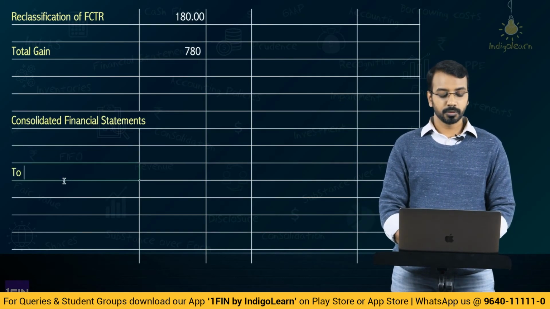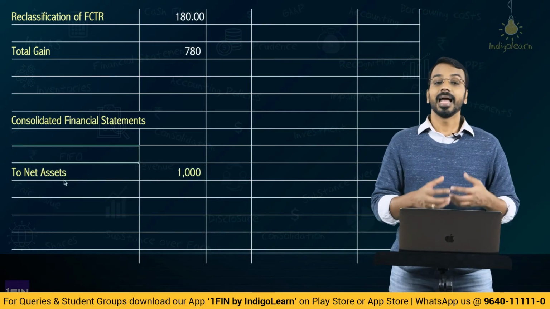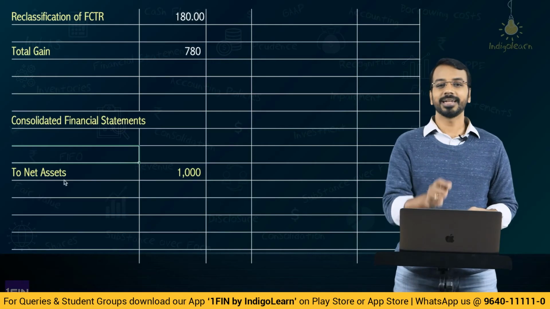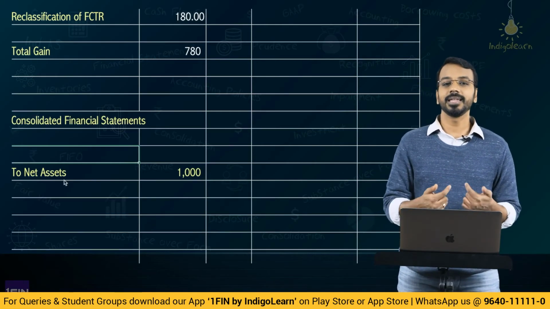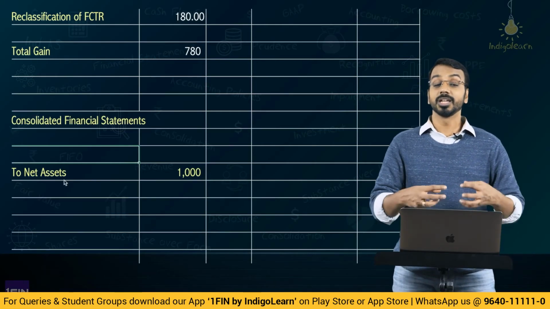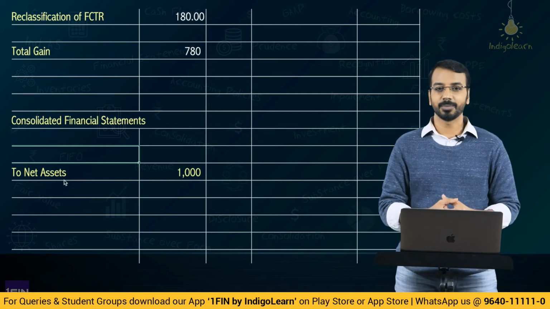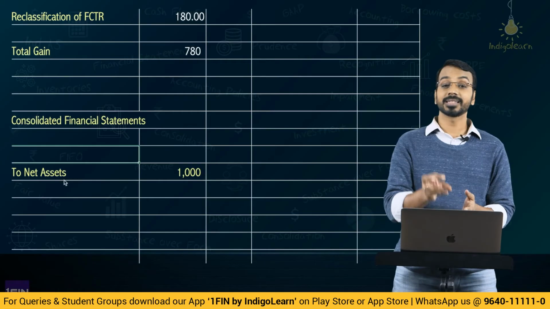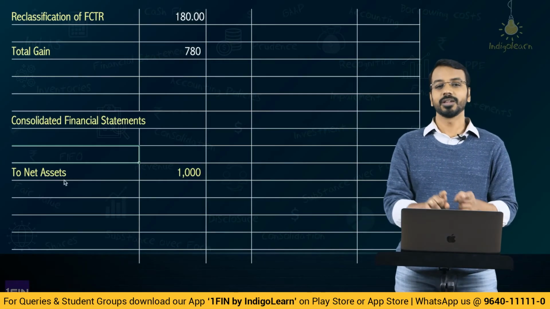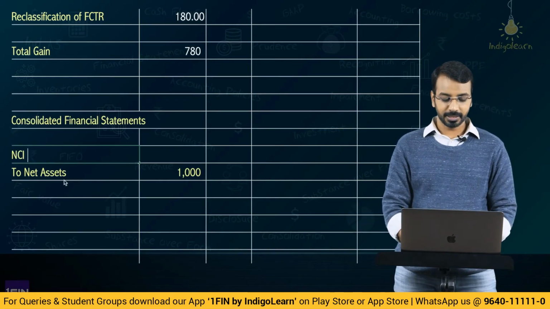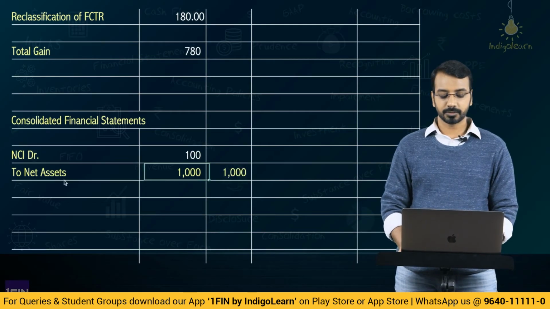Then NCI, which has a share in net assets of 100, will be de-recognized. Why de-recognized? Because the non-controlling interest is no longer a part of the consolidated financial statement. Non-controlling interest has a credit balance of 100, so now you have to debit that. So, NCI debit 100. Let me put this on this side so it is easy.